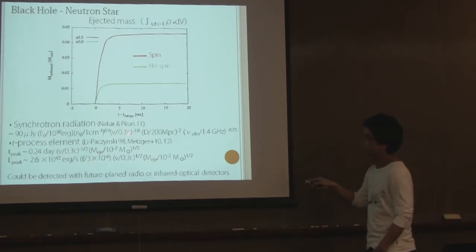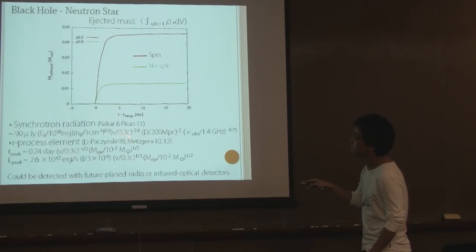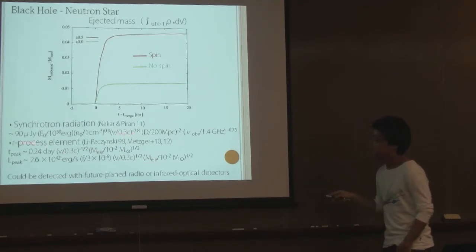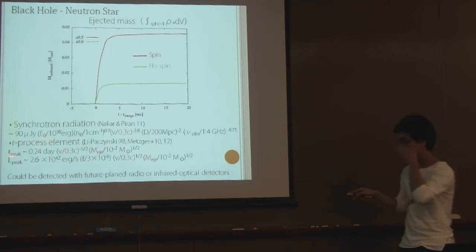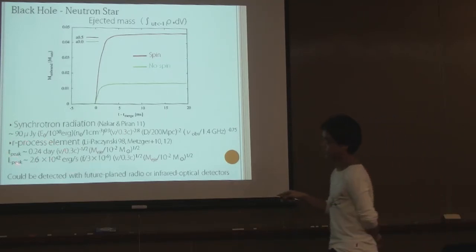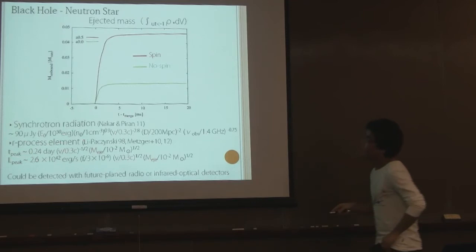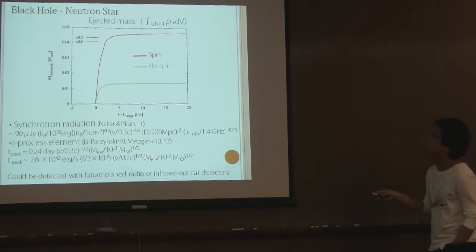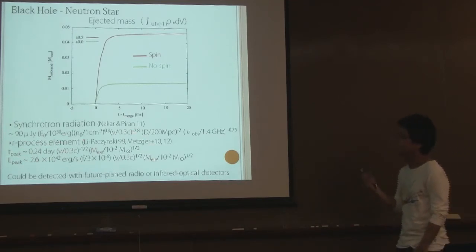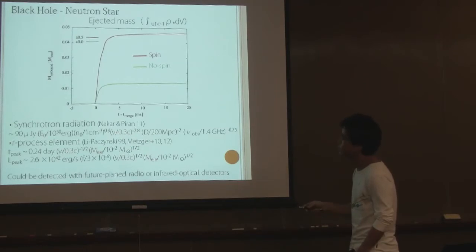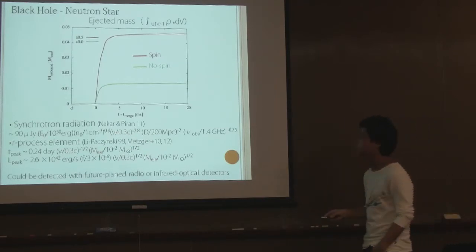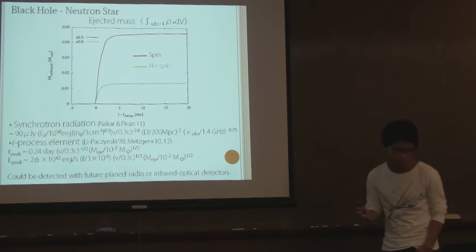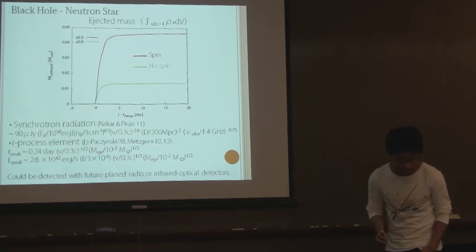The typical velocity is 30% of the speed of light, and we can again estimate the flux, the duration and the luminosities in both scenarios. However, to make precise predictions, we should do nucleosynthesis calculations and photon radiation transfer. This is an ongoing project.